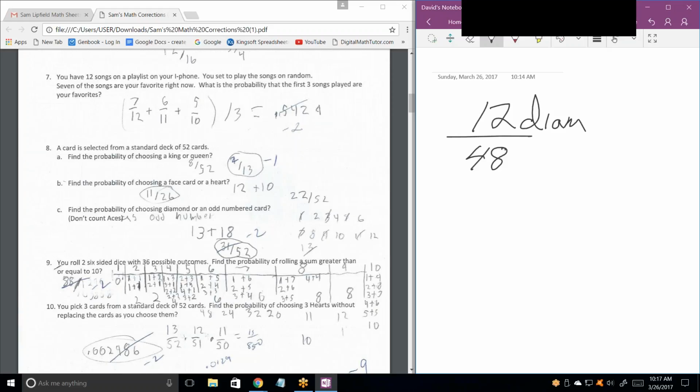Or an odd numbered card. That's like 1/2. Well, depends. It's not necessarily 1/2. Jacks, queens, and kings aren't really an 11, 12, and a 13. So I think she means the odd numbered cards from 2 to 9.